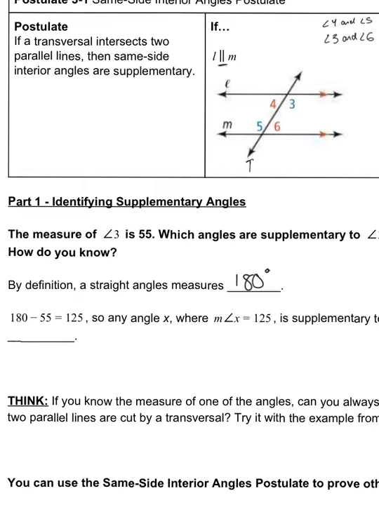And 180, this is how we'll be able to find the degrees of the other angles that are supplementary to angle 3. You would subtract 180 minus 55, and you get 125. Okay? So any angle x where the measure of x equals 125 is supplementary to what angle?